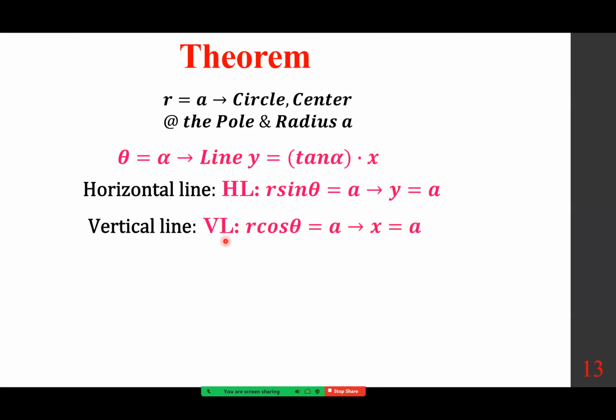Vertical line, VL, or cosine theta is a number, then x equals a. x equals a.